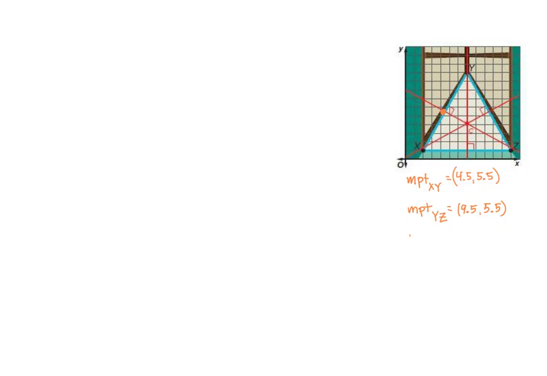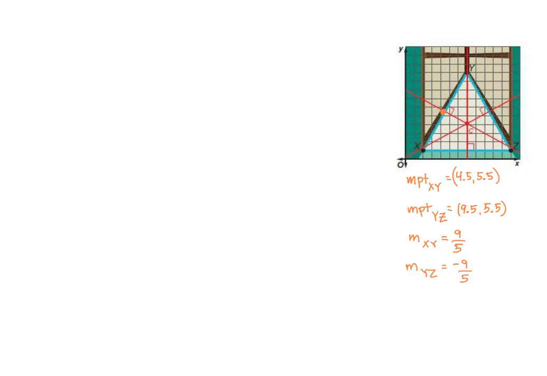The slope of side XY is a rise over run of 9/5, and then the slope of YZ is negative 9/5, similar to what we had on our example 4.